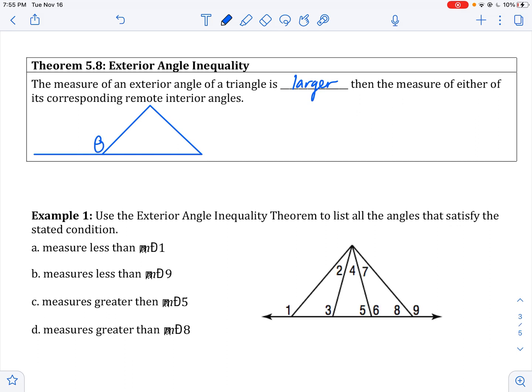So if I had theta, alpha, beta, there we go. So theta must be larger than either of these two. So theta is larger than either one of those remote interior angles.